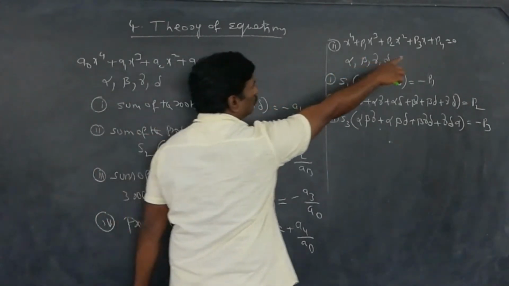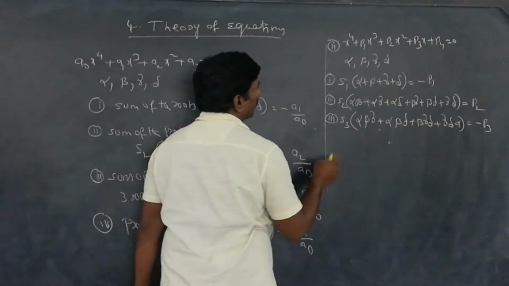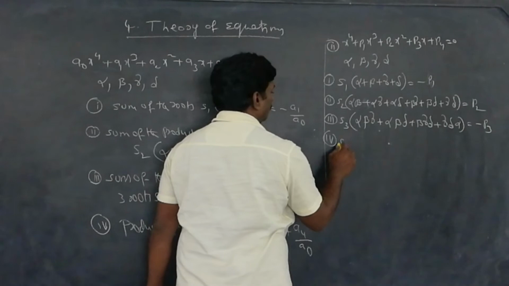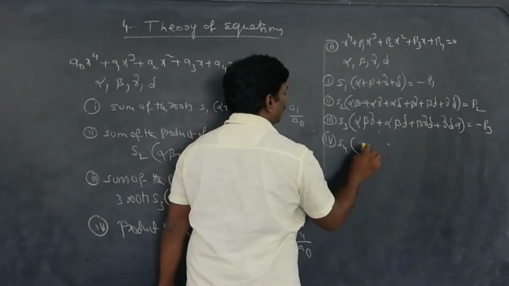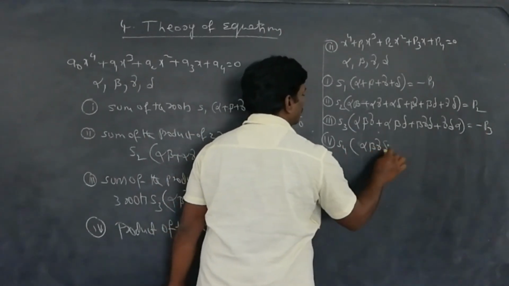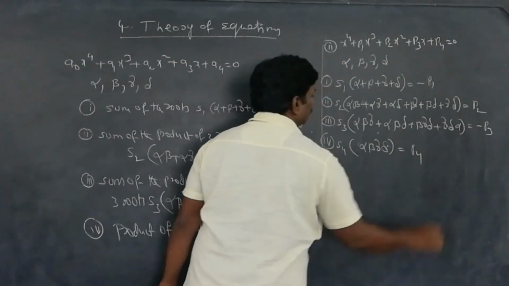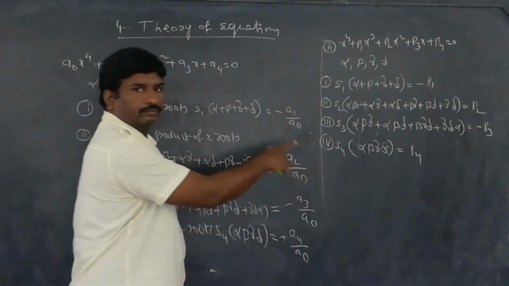The third term has a minus sign, so minus p3. Next the fourth one, S4, the product of the roots, that is alpha beta gamma delta, is equal to p4.